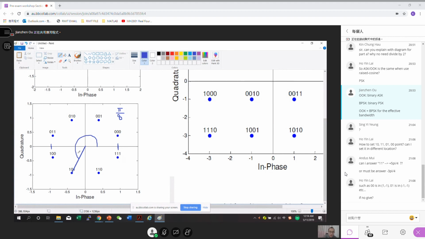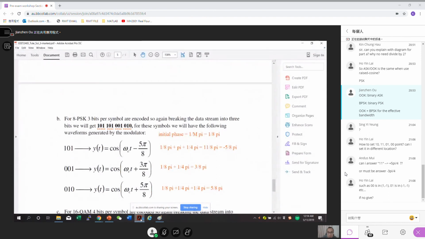It seems like high school math, isn't it? And actually here I can make it a bit more detailed. This is my solution. You add up each together, so it becomes 11 over 8 pi.